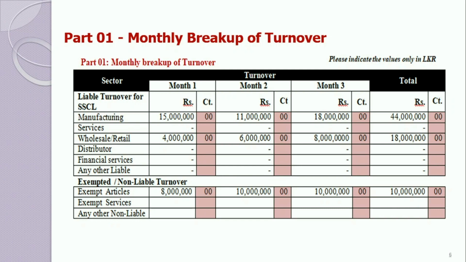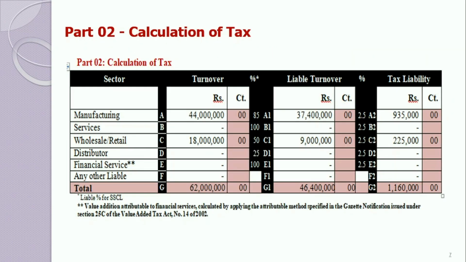In Part 1, you have to declare the monthly turnover and get the total at the last column. In Part 2, the liable turnover and tax liability should be calculated for the relevant quarter.